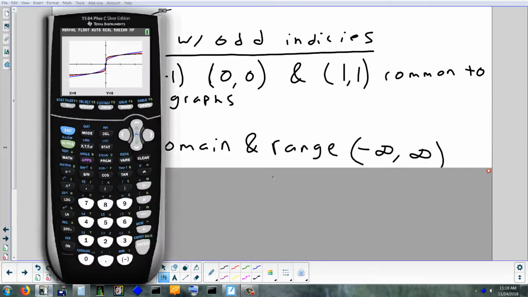Okay. And big difference, I already mentioned it, but the domain goes left and right forever. If I zoom back out so you can get a bigger view, it never stops going left, never stops going right, never stops going up, never stops going down. If I zoom out further, you just see it going up and down more and left and right more.